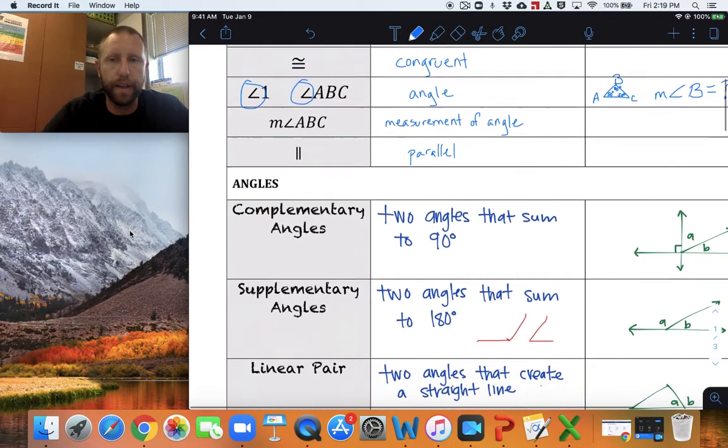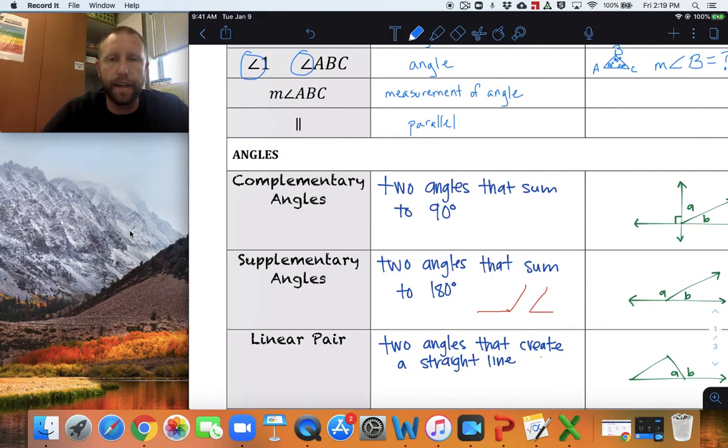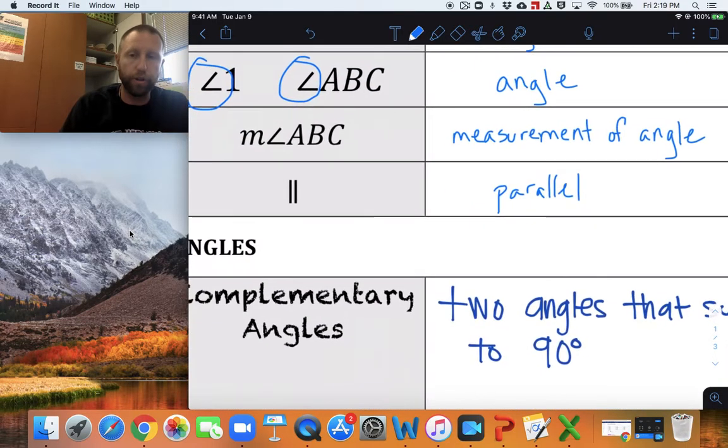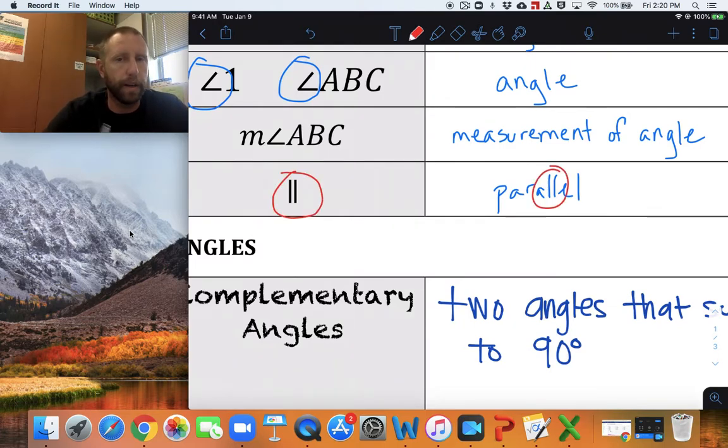And then finally, this one that just looks like two lines side by side, almost looks like two L's. It just means that two lines are parallel. So an easy way to remember that is when you look at the word parallel and then you see these two symbols, I'll use a different color so this sticks out a little bit better, you can see it just looks like the middle of the word parallel, right?